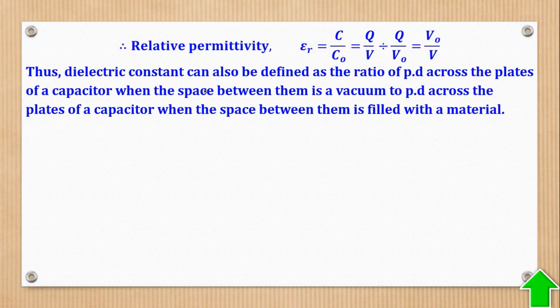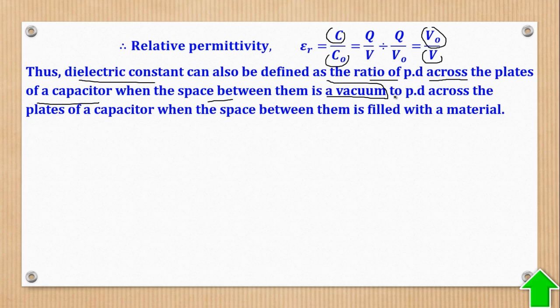For example, let's see this definition. Dielectric constant can also be defined as the ratio of the PD across the plates of a capacitor when the space between them is vacuum. So here I first talk about vacuum. I think you know the difference. For capacitance, we first talked about the material, then we went to vacuum. But here we have to talk about the vacuum followed by the material.